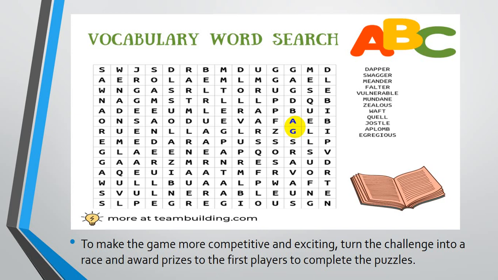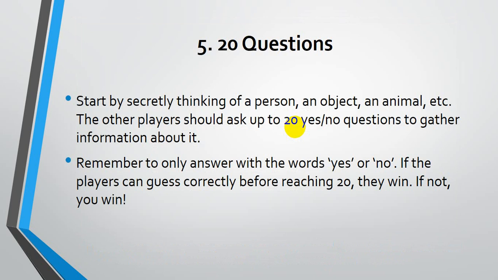Now number 5, 20 questions. Start by secretly thinking of a person, like a police officer or a teacher, or an animal or object, and the other players should ask up to 20 yes or no questions, like, do you go to school?